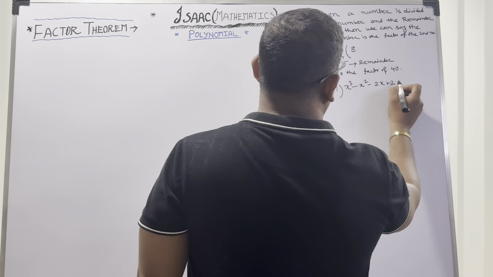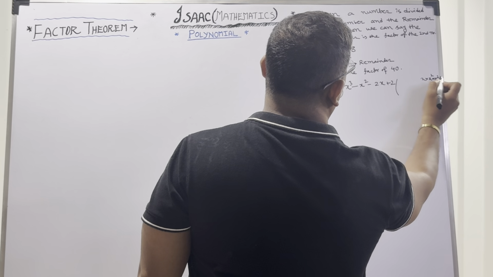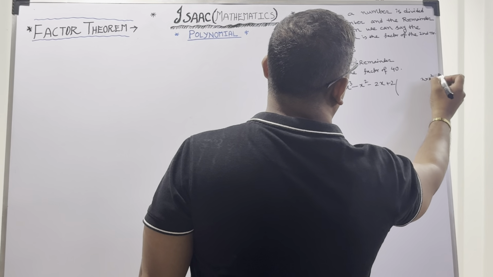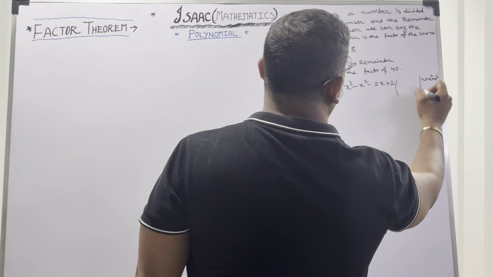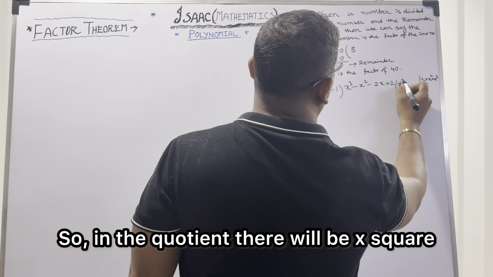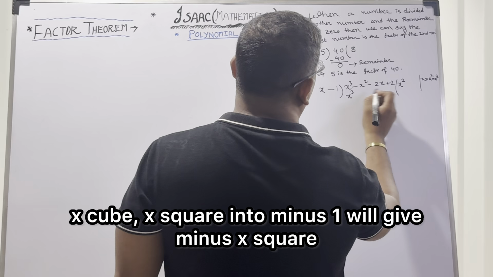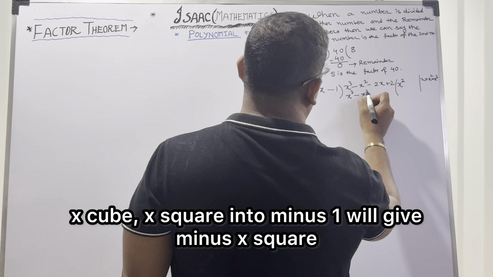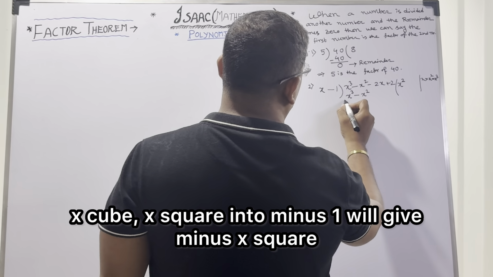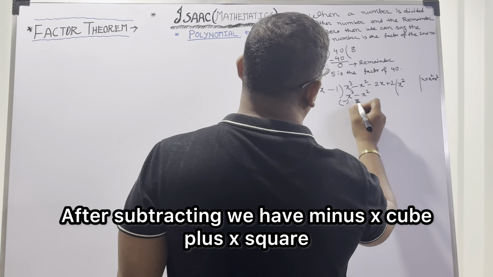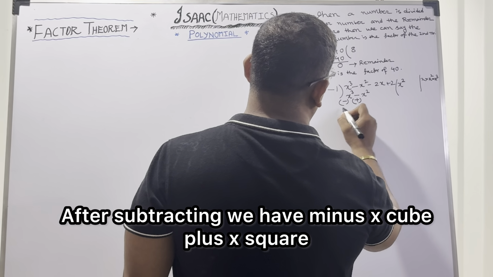To get x cube, we have to multiply x by x square. So in the quotient there will be x square. X square into x will give x cube. X square into minus 1 will give minus x square. After subtracting, we have minus x cube plus x square.